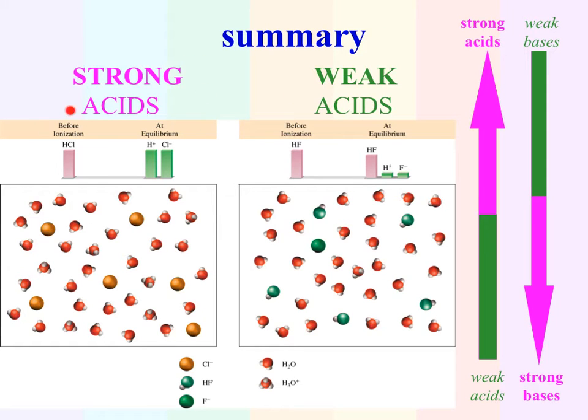For strong acids, before ionization, we obviously have a container of just HCl or whatever that strong acid is. At equilibrium, though, all of the HCl has ionized into H plus and Cl minus ions. You're not going to have any HCl molecules any longer.